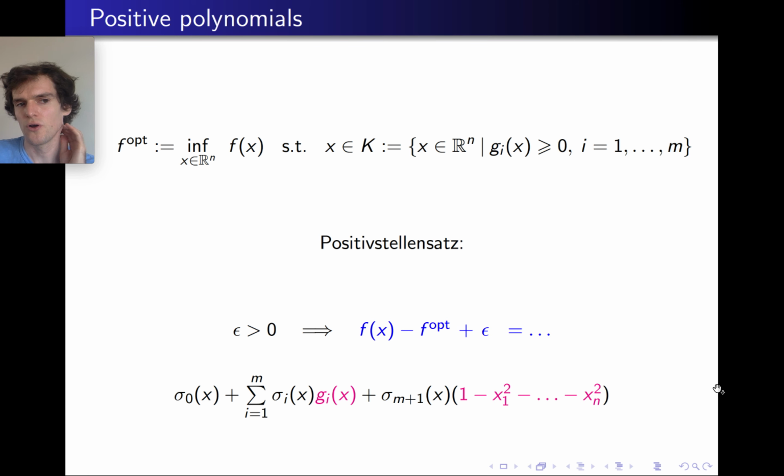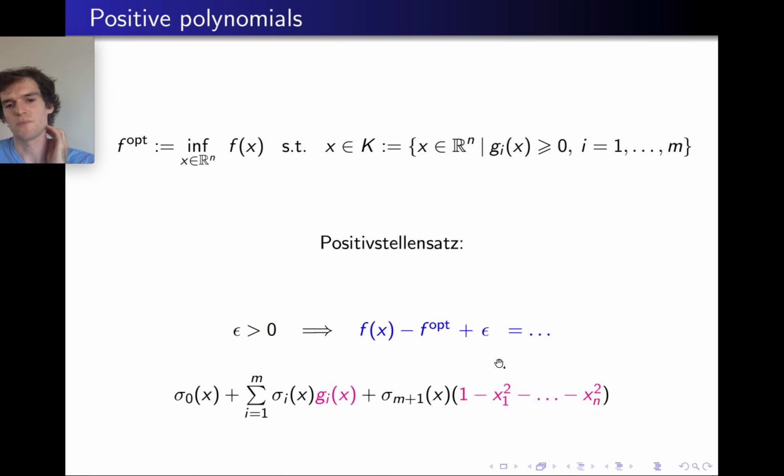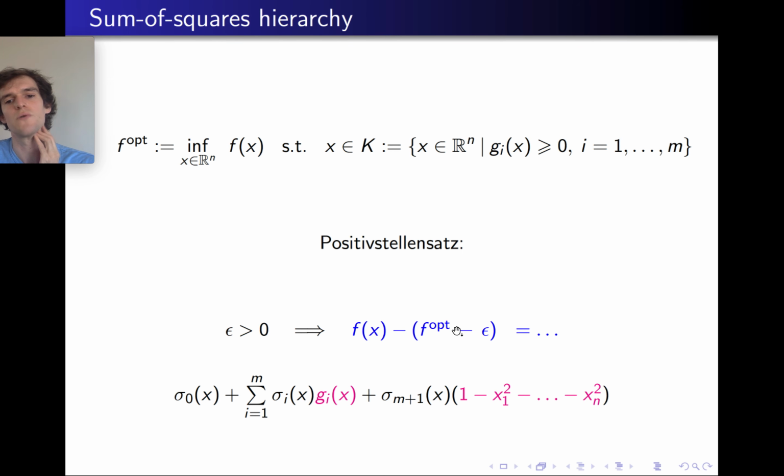Okay, and so just by making this little subtle change here, what we see is that this basically corresponds to a lower bound. This f-op minus epsilon is just a little bit below your global value. And basically for any strict lower bound, you can always find a decomposition.